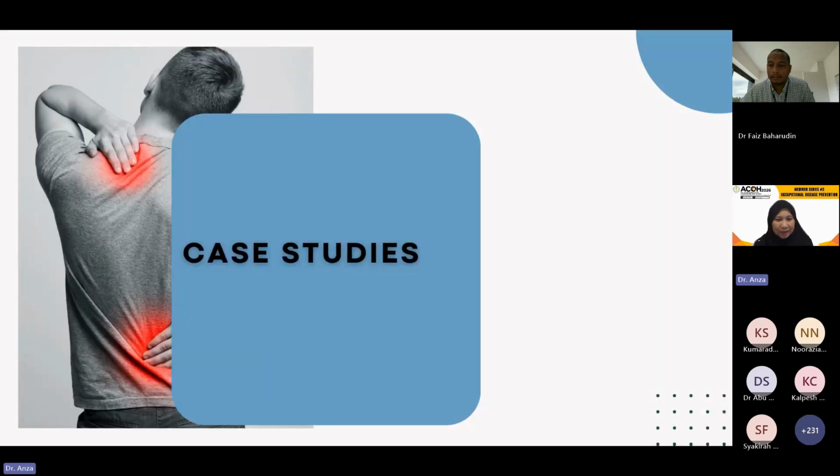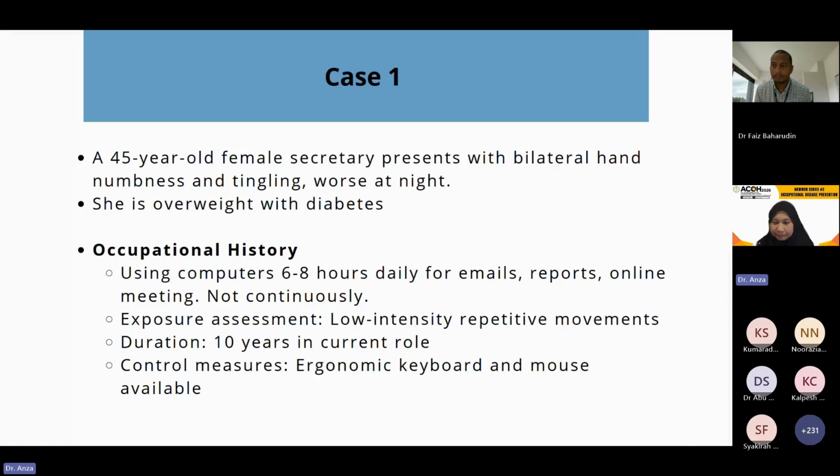Right. So lastly, I would like to have 2 case studies. Okay. Case number 1. A 45-year-old female secretary presents with bilateral hand numbness and tingling at night. She is overweight and she has diabetes. She uses computers 6 to 8 hours daily, but of course not continuously.